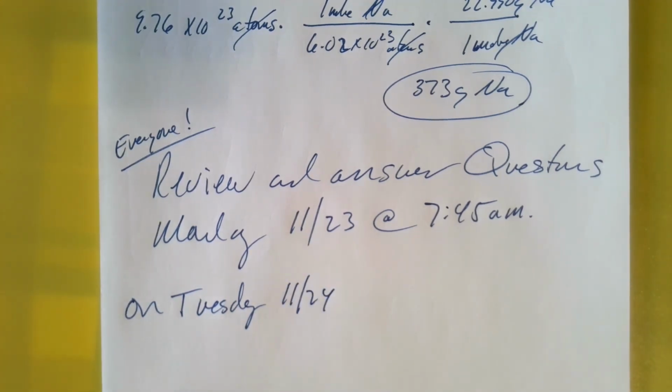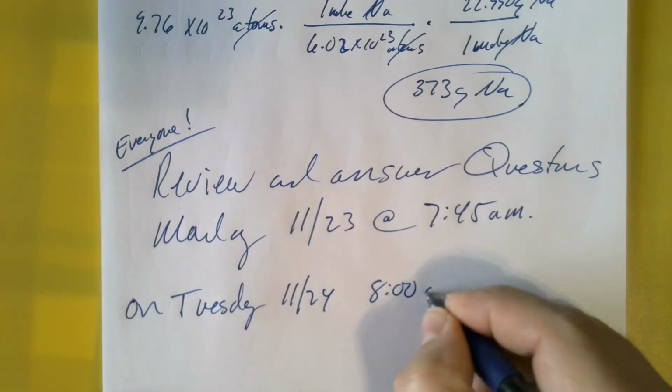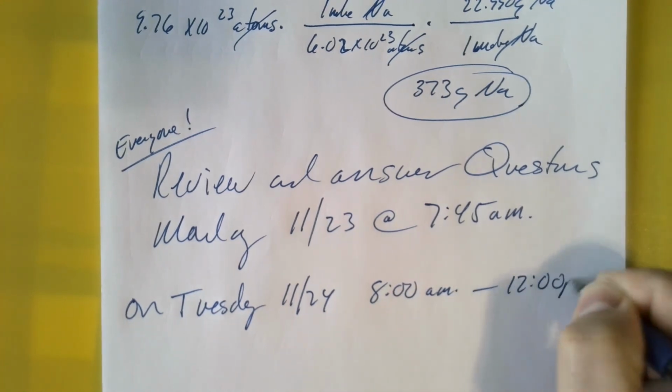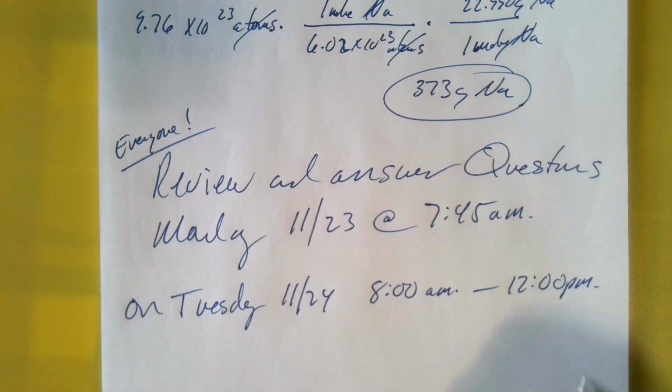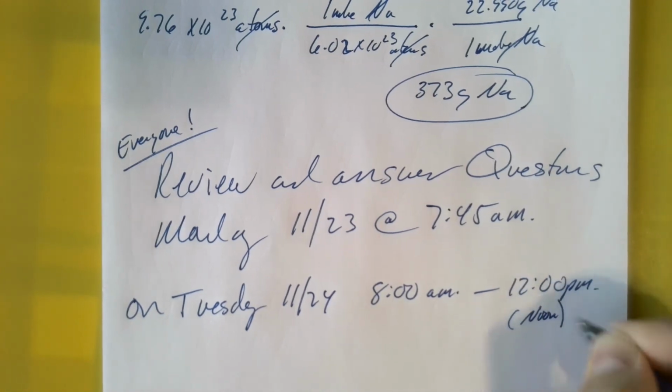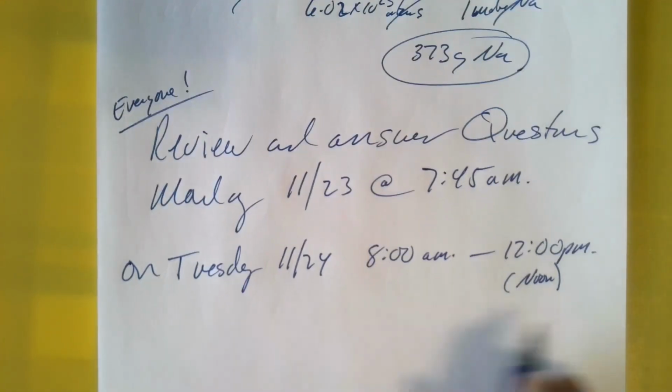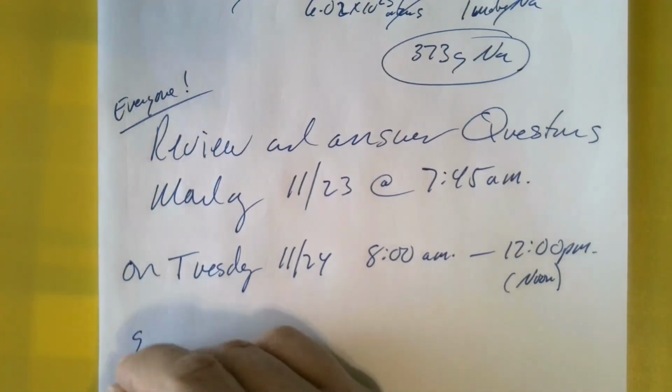I am going to open the test at 8 a.m. You have from 8 a.m. to 12 p.m., which is noon, to get on just like we're on right now, and I will give you the password and I will watch you take the test. Does that make sense? Do you guys all understand what I'm saying? Okay, so that day from 8 a.m. to noon, you're going to get on the meet.